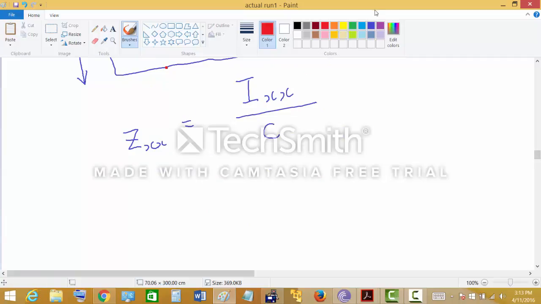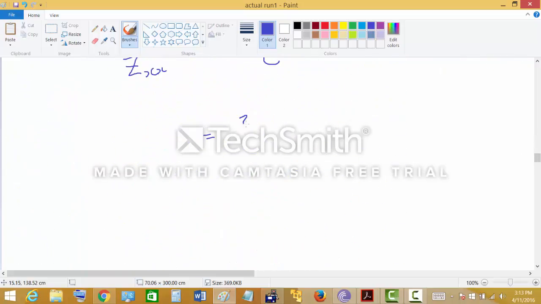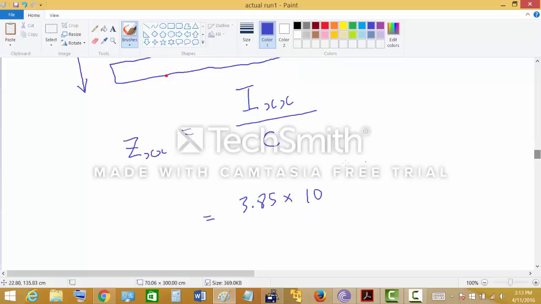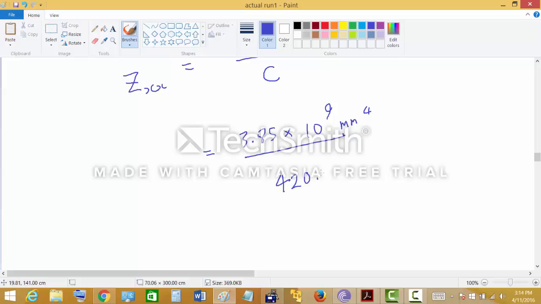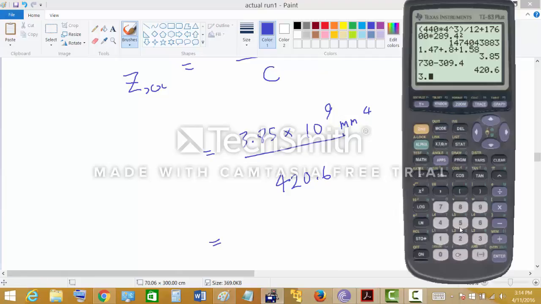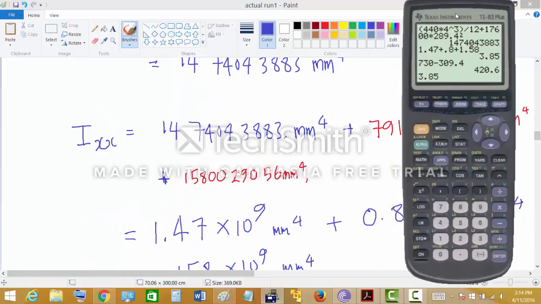So I just put those values in. Let's see, 3.85, and actually if we take those values up here, add all those together, better. So it's 147. Right.